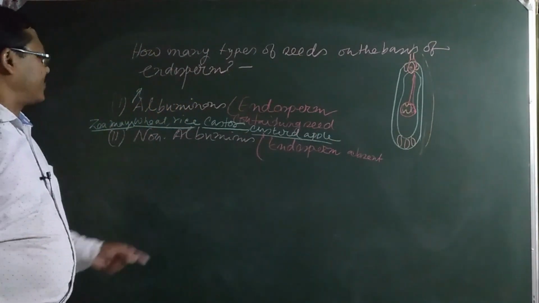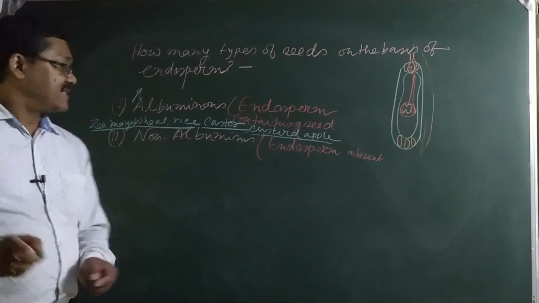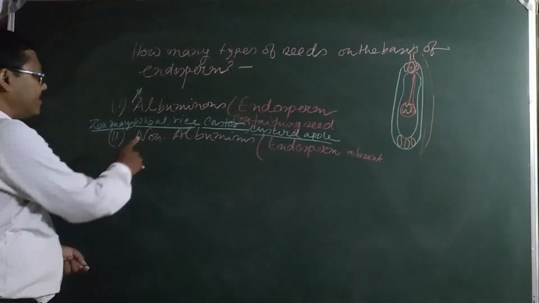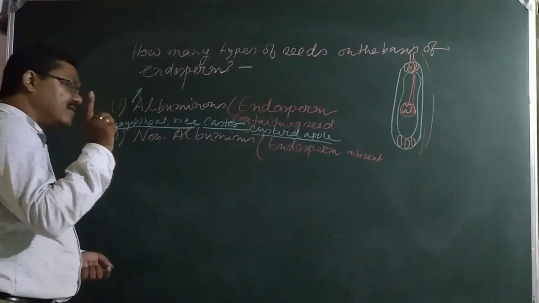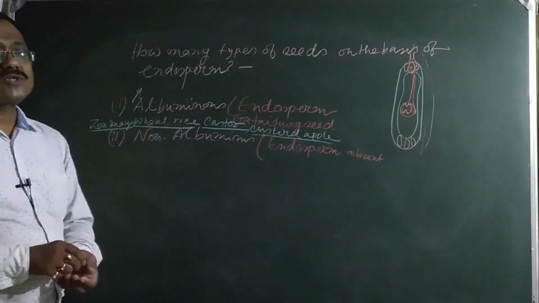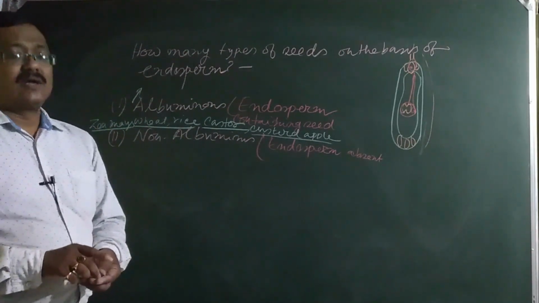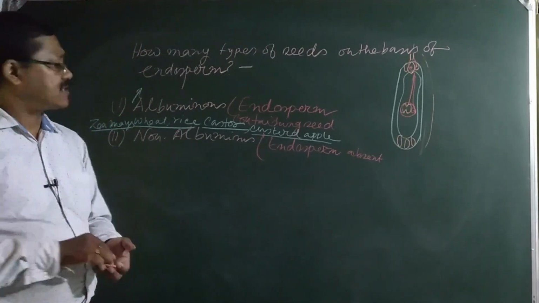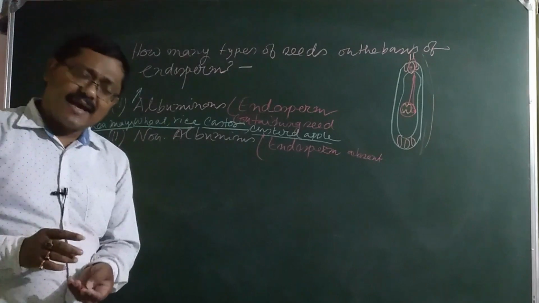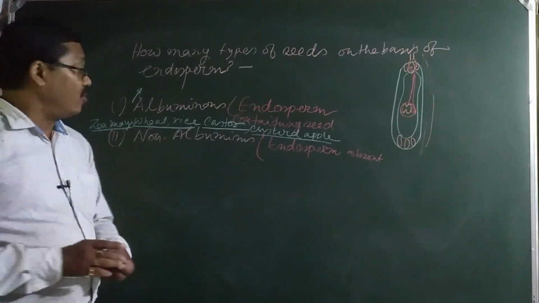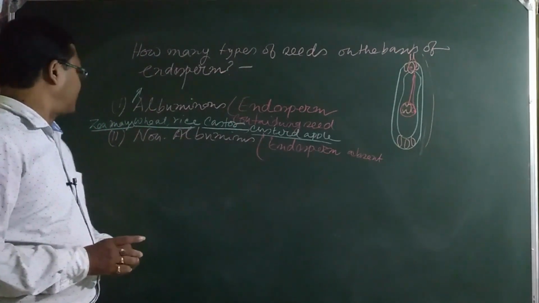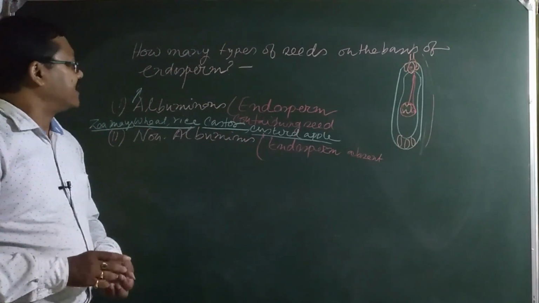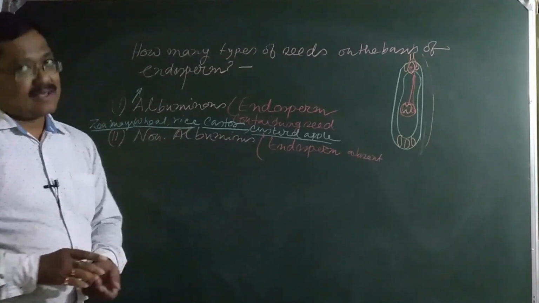Most dicot plants are ex-albuminous or non-albuminous. Mango, guava and other dicot plants are generally ex-albuminous. But a few dicot plants also have endosperm, like the custard apple.